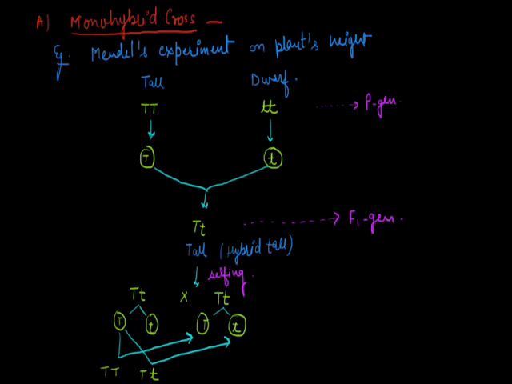Just like that, this capital T can fuse with small t or this small t can fuse with another small t. Then the products are capital T small t by the fusion of these two, and the last product is small t small t.